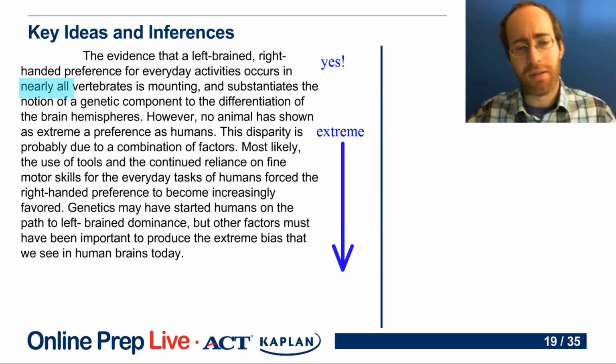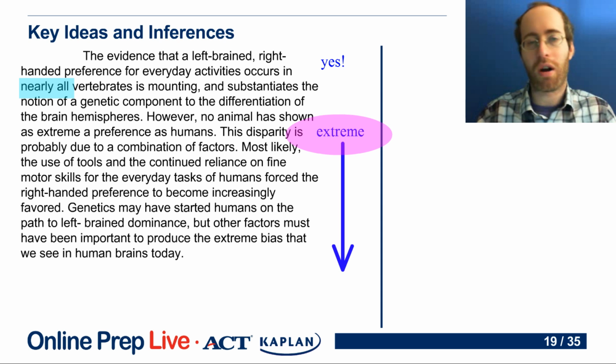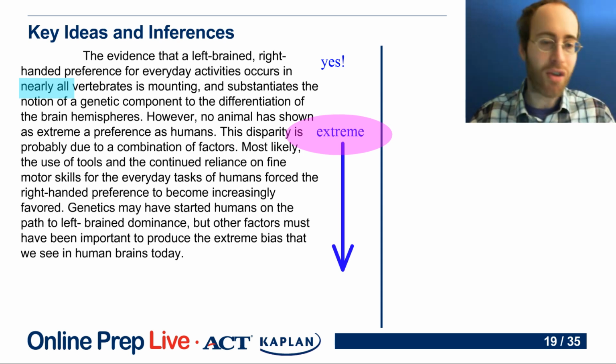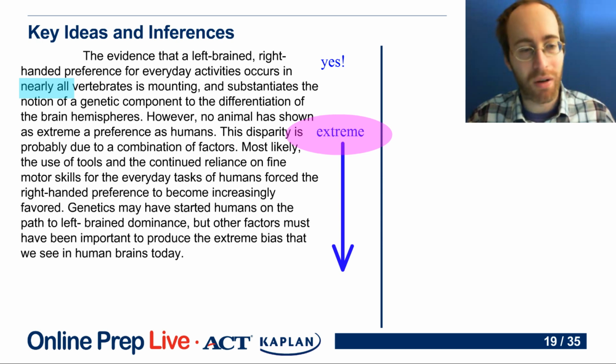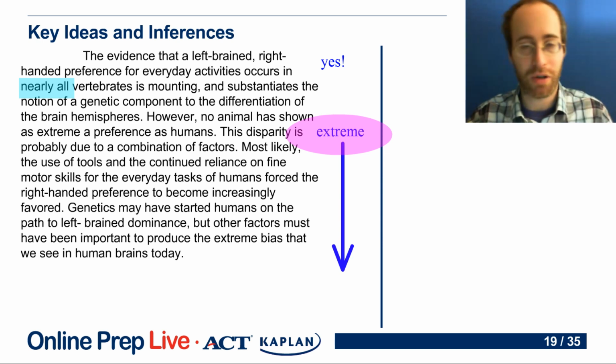Well, in the middle of the second paragraph, we had a note reminding us that humans are pretty extreme. In other words, humans are the most extreme of all the animal species. It says no animal, none, has shown as extreme a preference as humans. So humans are the ones that are the most extreme with right-handed preference.